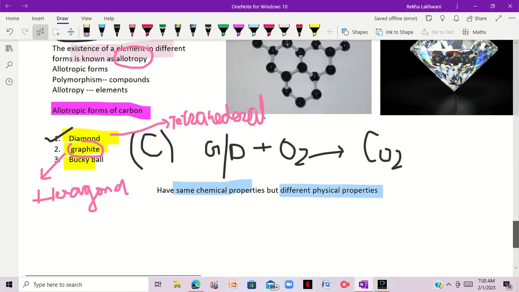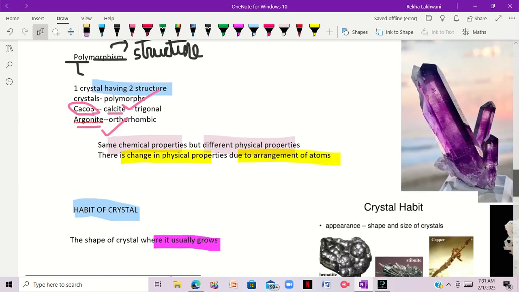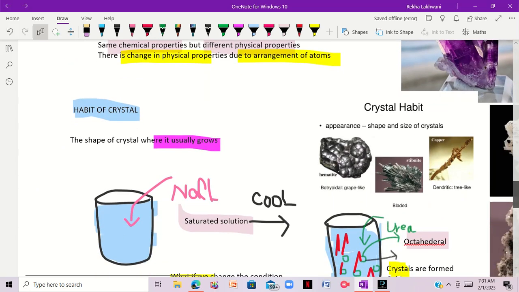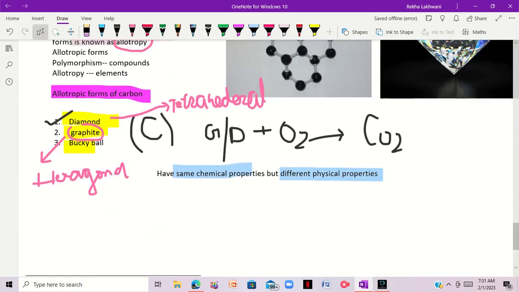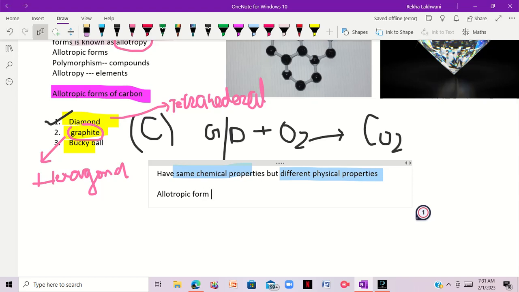We have other examples too. For example, we have sulfur. We have allotropic forms of sulfur too, right?